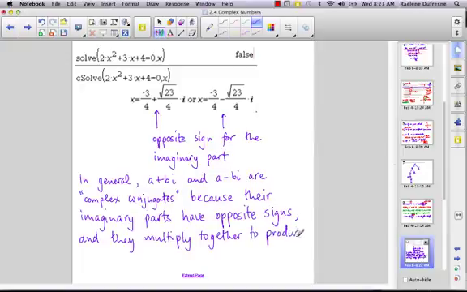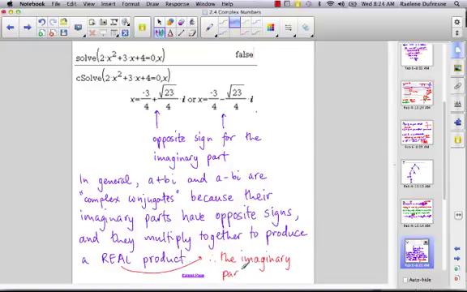So they produce a real product. If a number is real, then the imaginary part is not there, so the imaginary part is 0.